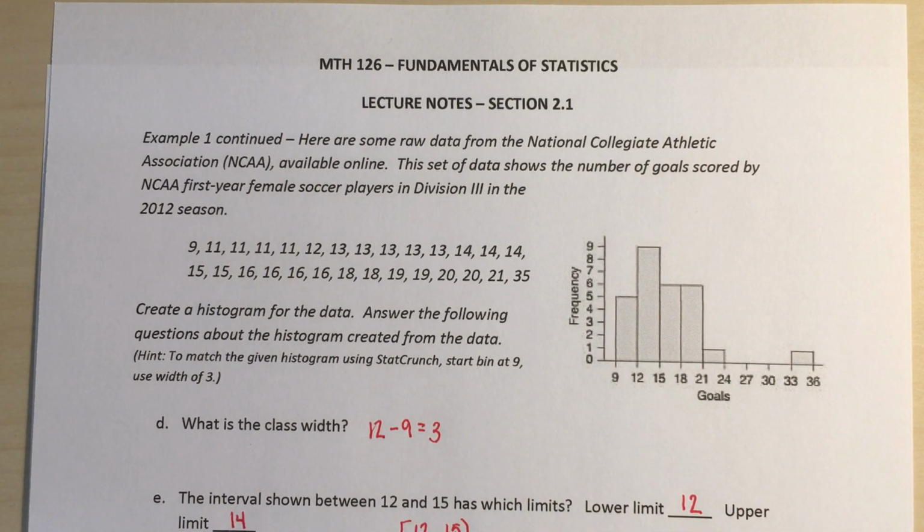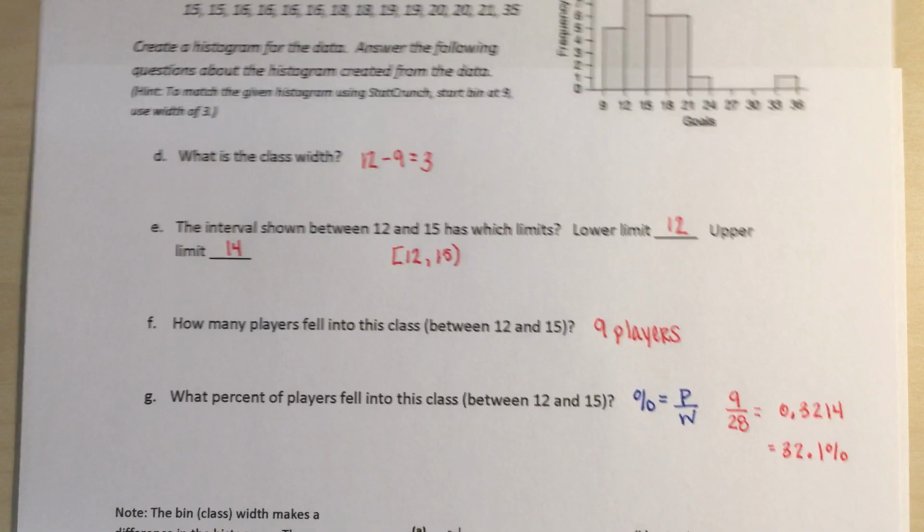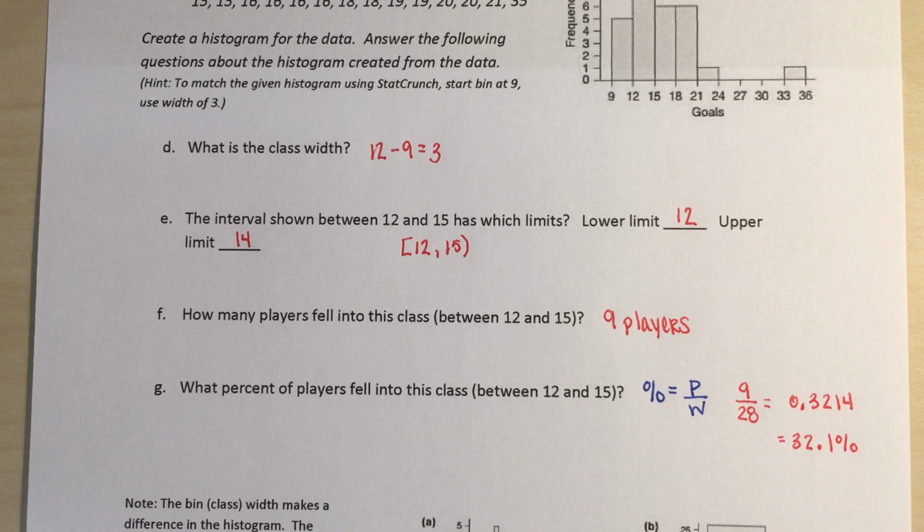What percent of players fell into this class? Remember, percent equals part divided by whole, as we've been doing. 9 divided by 28 equals 0.3214, which if we round off to a percent, gives us 32.1%. These are the same types of interpretation questions that we saw with our dot plots.